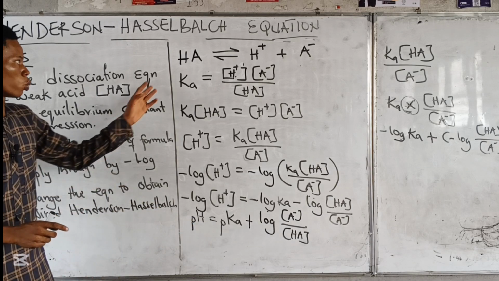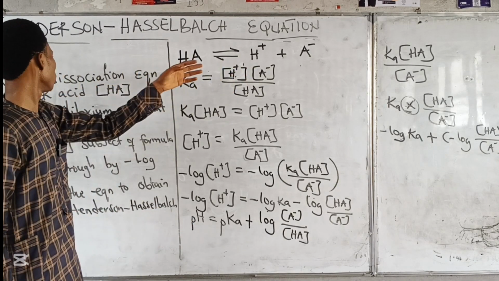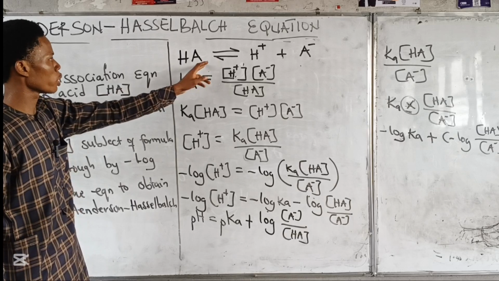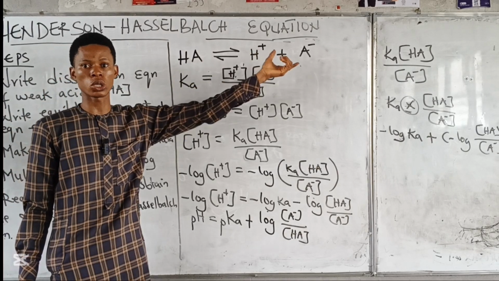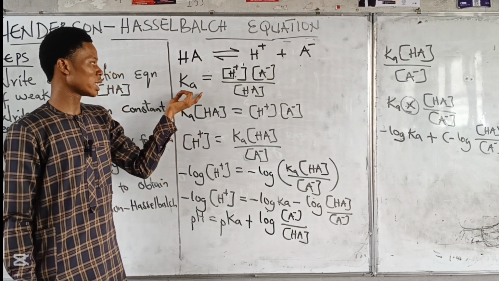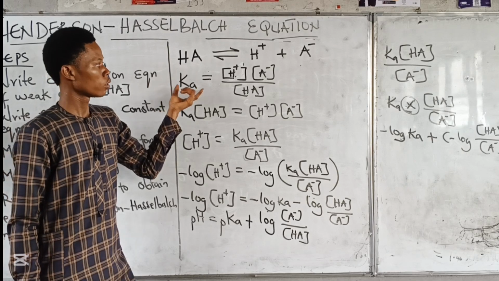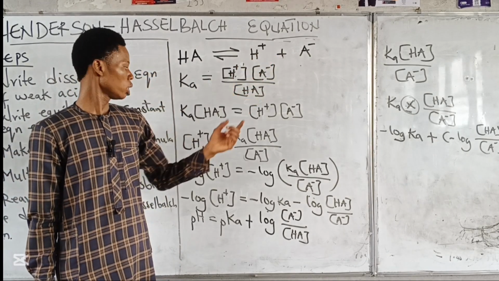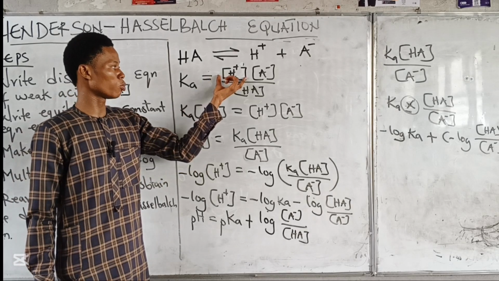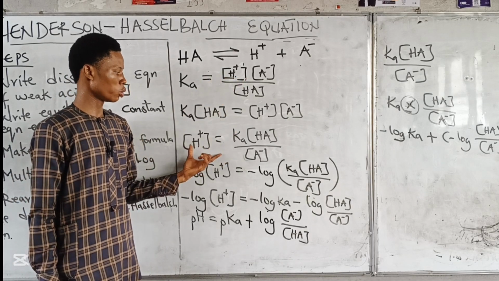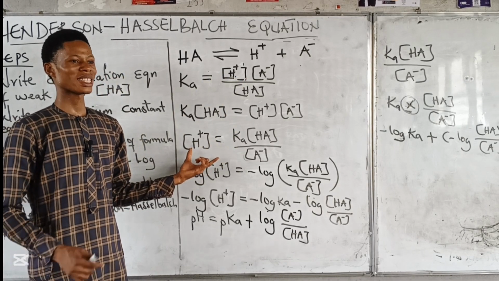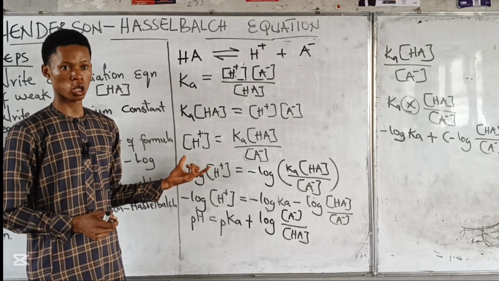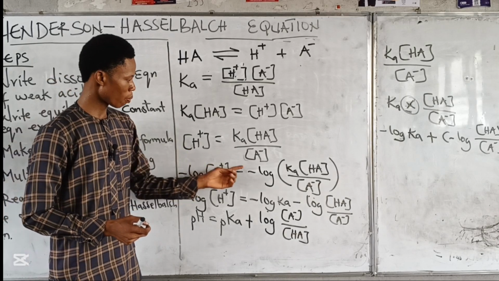The first thing is you write the dissociation equation of the weak acid. This is a weak acid, it dissociates into this. Then you write the acid dissociation constant, which is the concentration of products all over the concentration of reactants. Next, you make H+ the subject of the formula, and that was what we did here. Next, you multiply through by minus log.